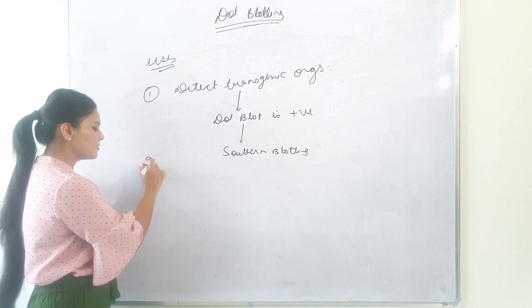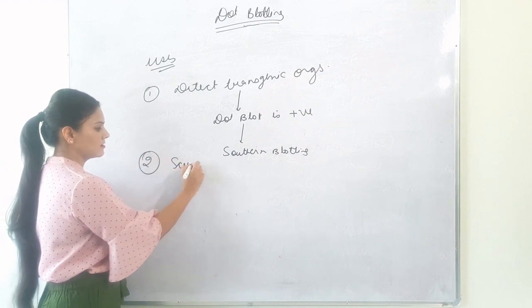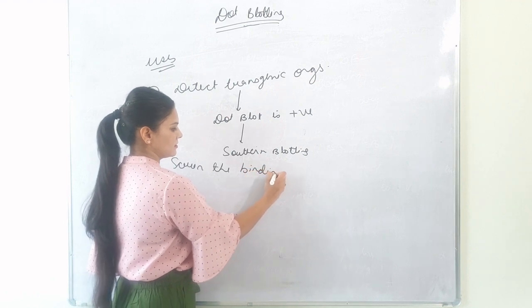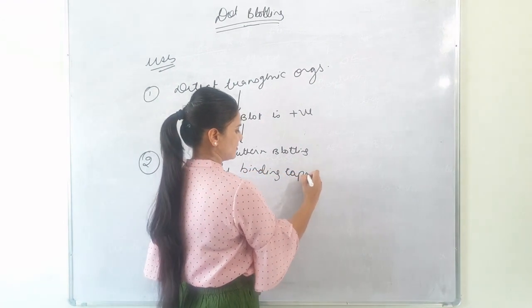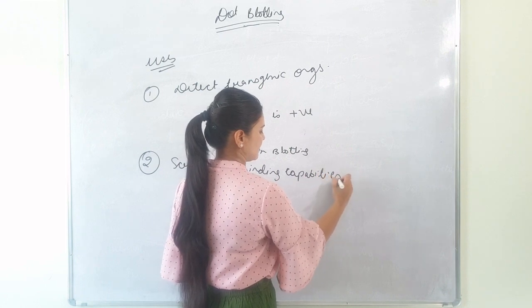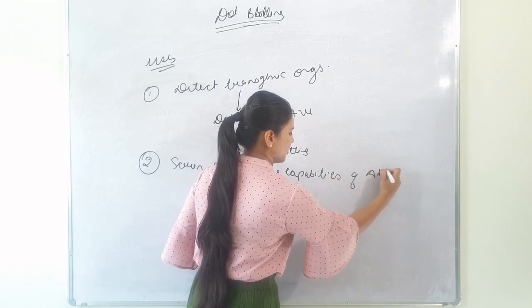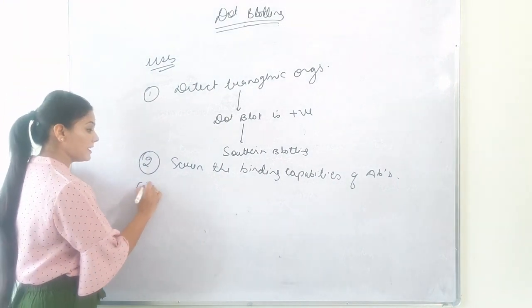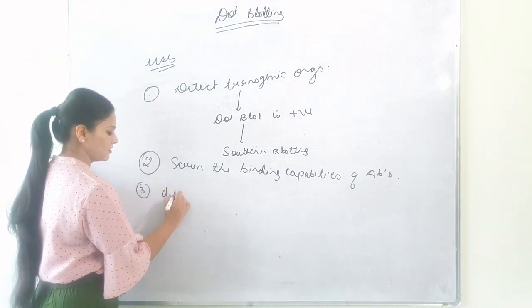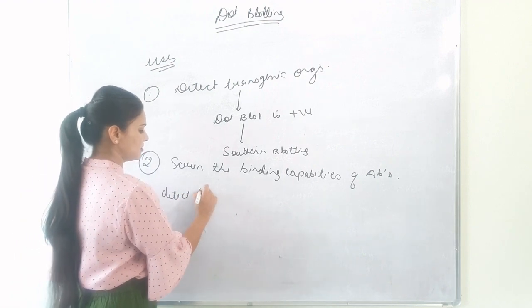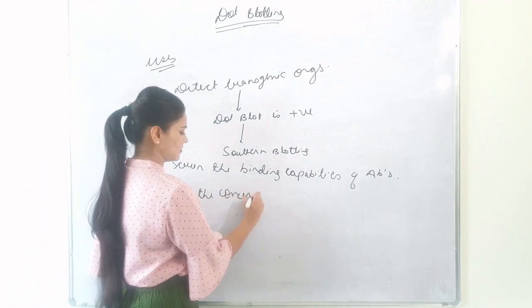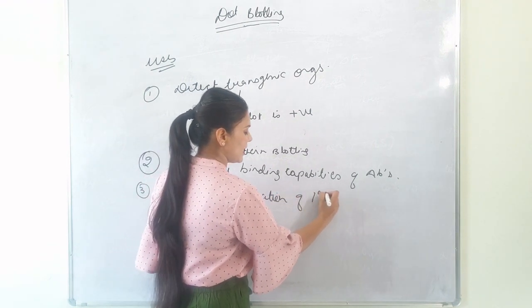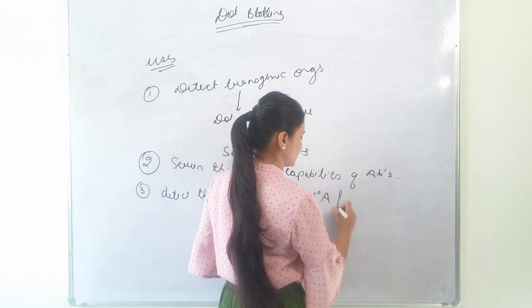It is also used to screen the binding capabilities of different antibodies. Along with that, dot blotting can also be used to detect the concentration of primary antibodies for a Western blot test.